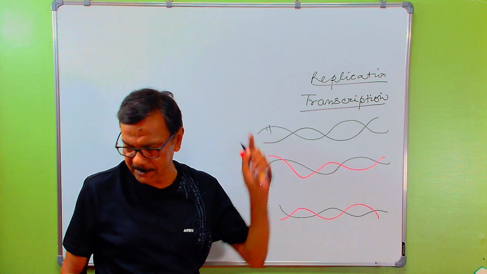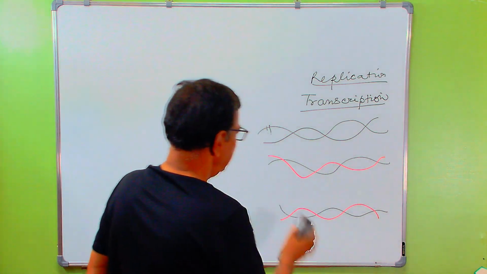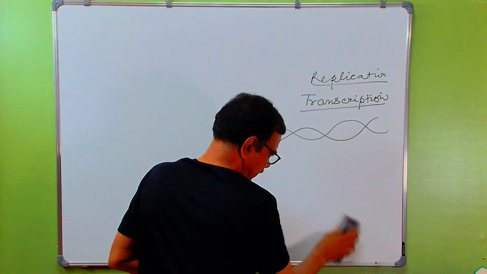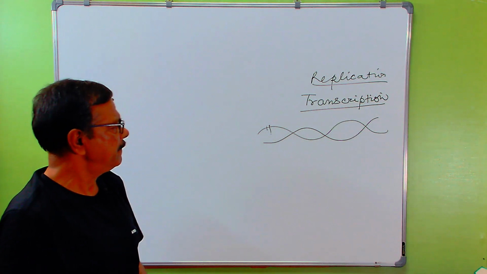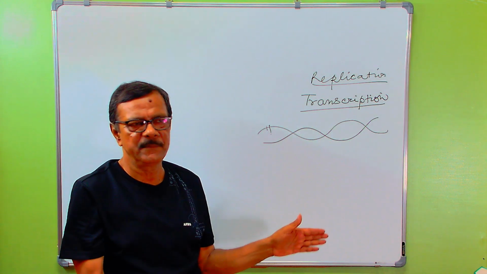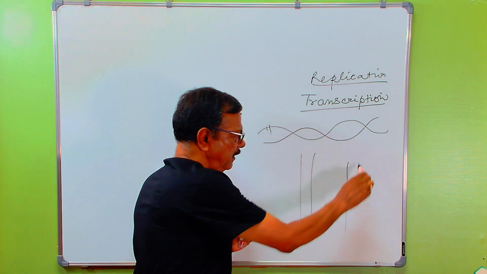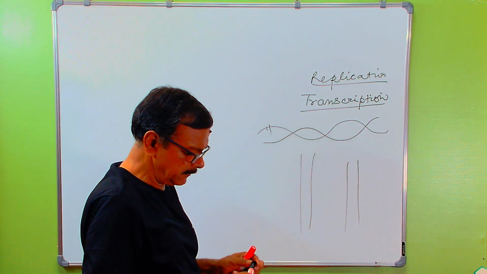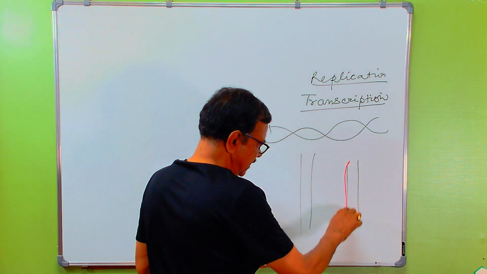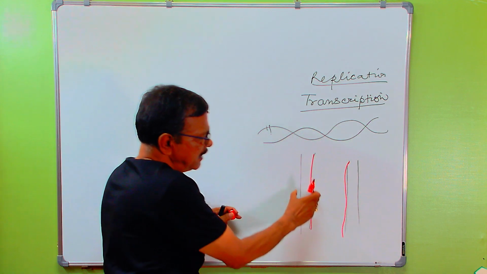This was replication. What is the difference with transcription? Now you see, in DNA replication, the entire DNA splits up and new strands have been formed, and one DNA produces two DNA.